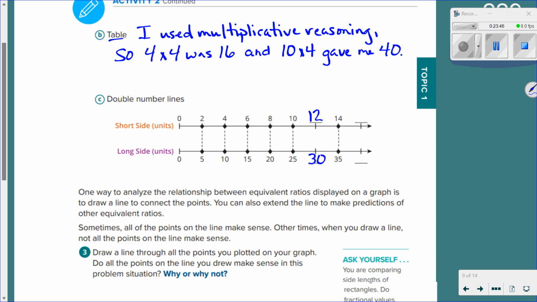But now it also makes it easy to extend because I know my next value after 14 is going to be 16. My next value after 35 is going to be 40. So in any of the 3 formats, I came to the same answer. I realized at 16 it's going to be 40. But I can do it in any of the 3 formats, yes? Good.